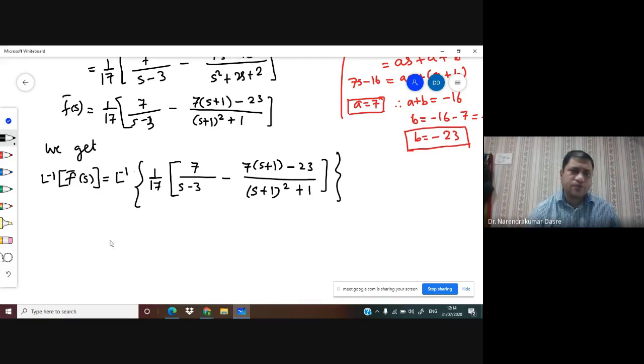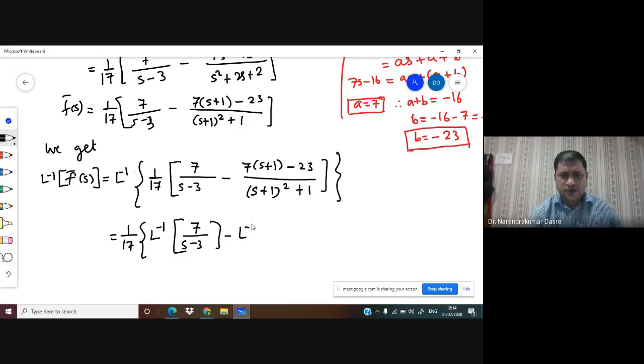That's what you're getting. So as I said, please use proper brackets. Now using the linearity property, we can have 1 by 17 times the Laplace inverse of 7 upon s minus 3 minus the Laplace inverse of (7(s plus 1) minus 23) upon (s plus 1) bracket square plus 1.